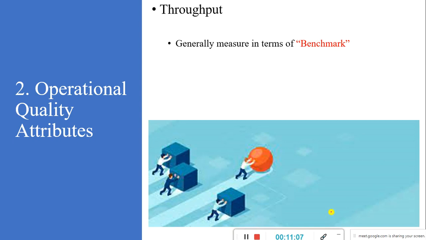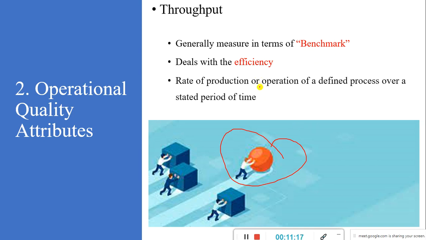And so you can see here it is always going to be the efficiency, how fast or how well you perform. So the embedded system must give a higher efficiency. What do you mean by higher efficiency? It is nothing but the rate of production or operation of a defined process over a stated period of time.